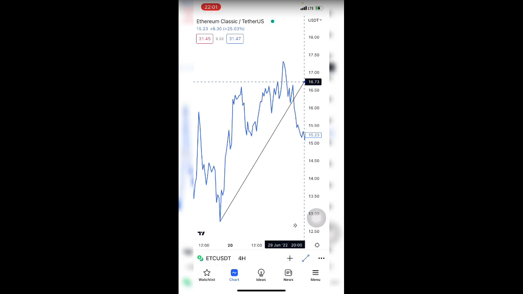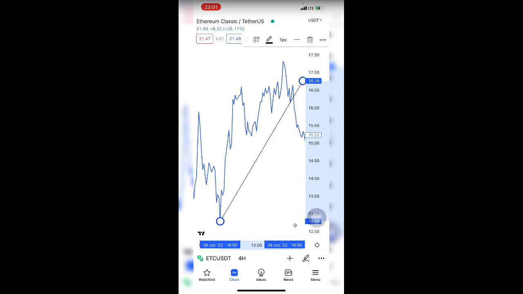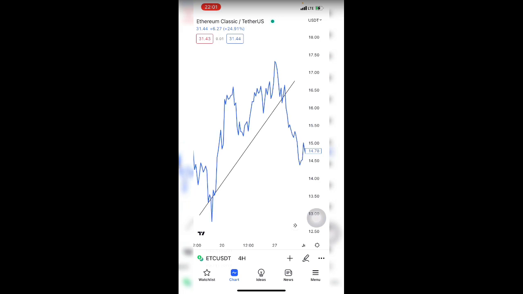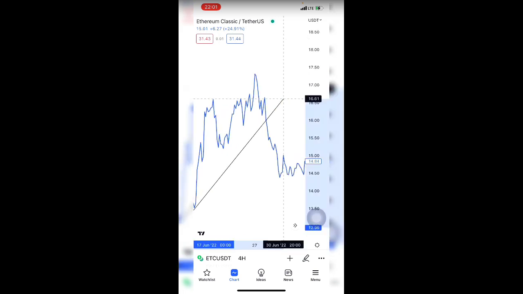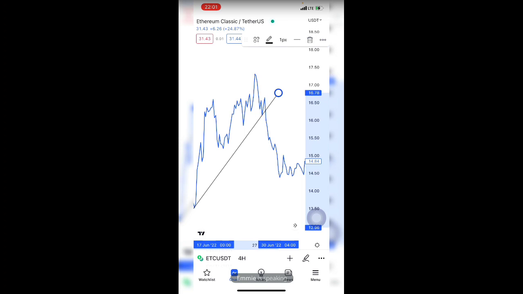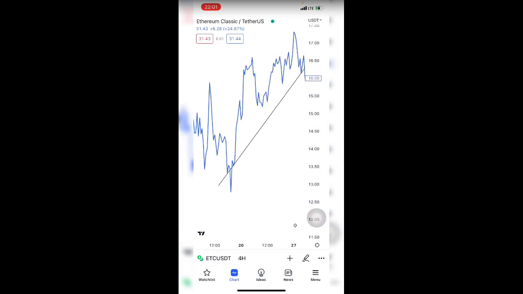So this one. You can see I left this one. This one broke the normal strategy. So this one too, trend line.